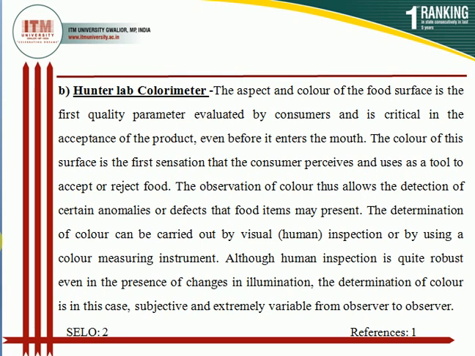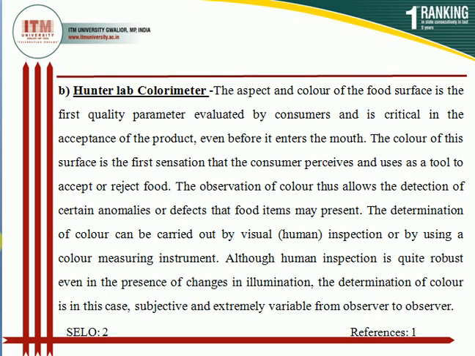With the Hunter Lab color, the appearance and color of the food surface is the first quality parameter evaluated by the consumer and is critical in the acceptance of the product even before it enters the mouth.